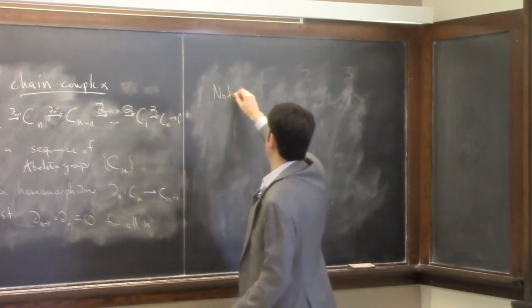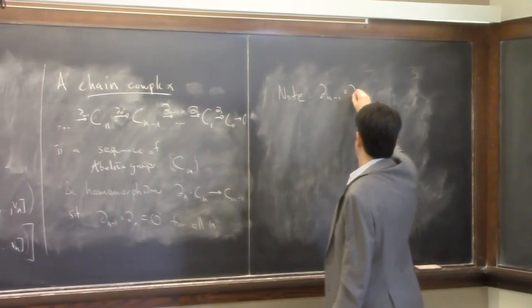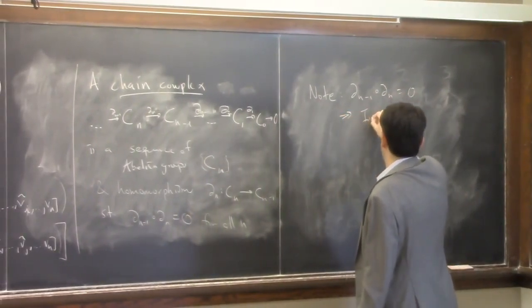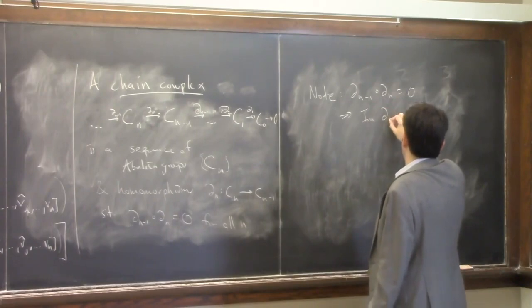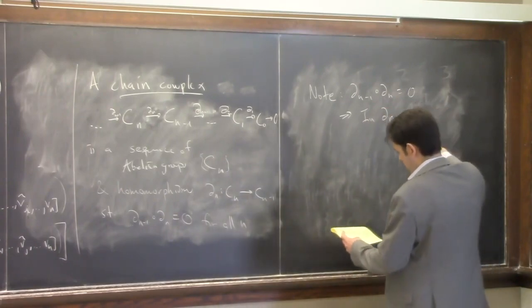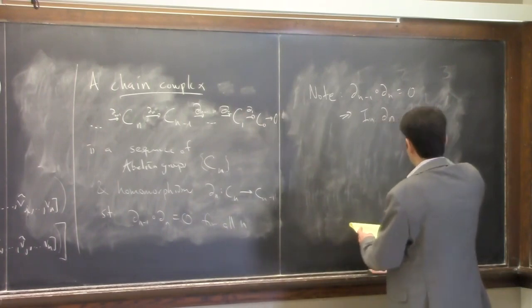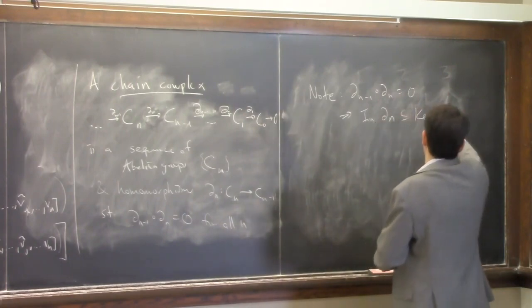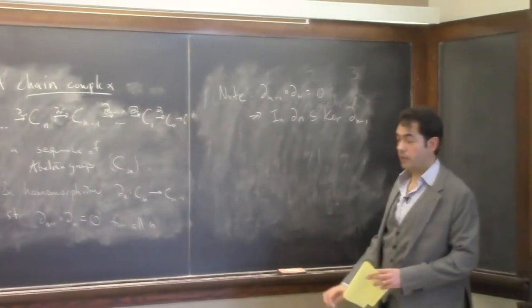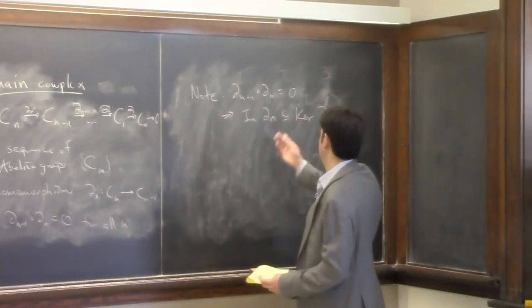Notice that if this is equal to 0, that tells you that the image of delta n, do I have this the right way around? Yeah. Is inside the kernel of delta n minus 1, right? Or, yeah, that's fine.